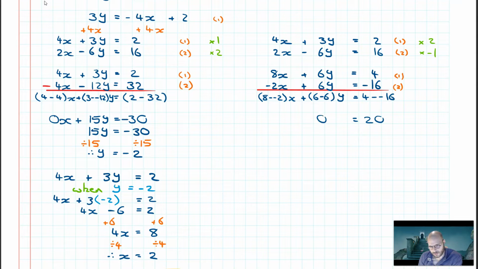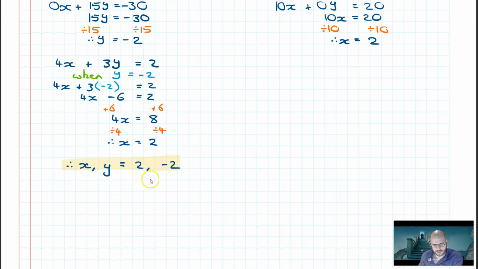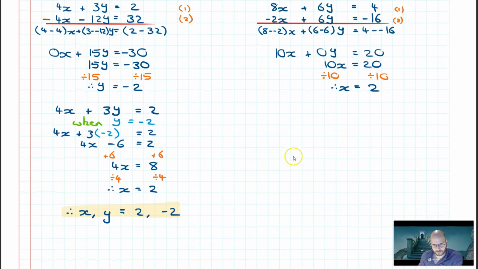I'll get a 0y in here, and then I'll get a 10x. Cleaning this up, I get 10x is equal to 20, and in turn, by dividing both sides by 10, I discover that x is indeed equal to 2. This is in agreement with our solution down here.